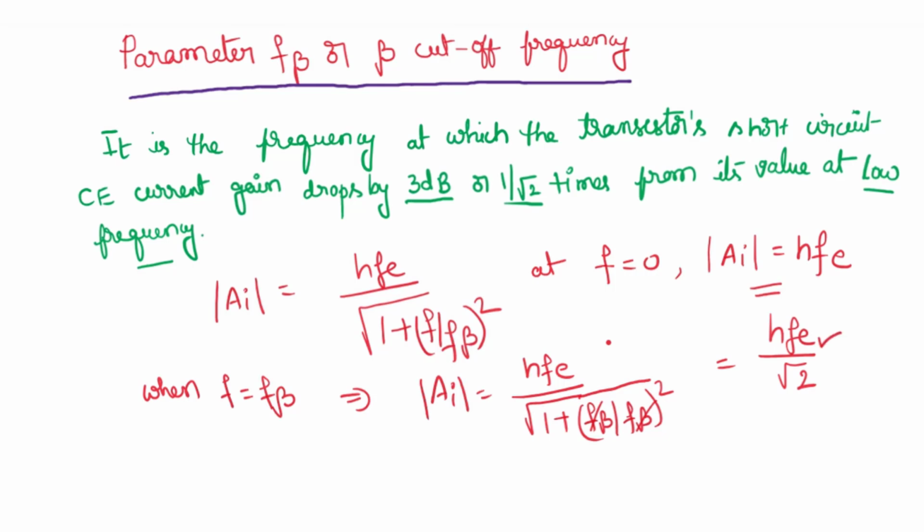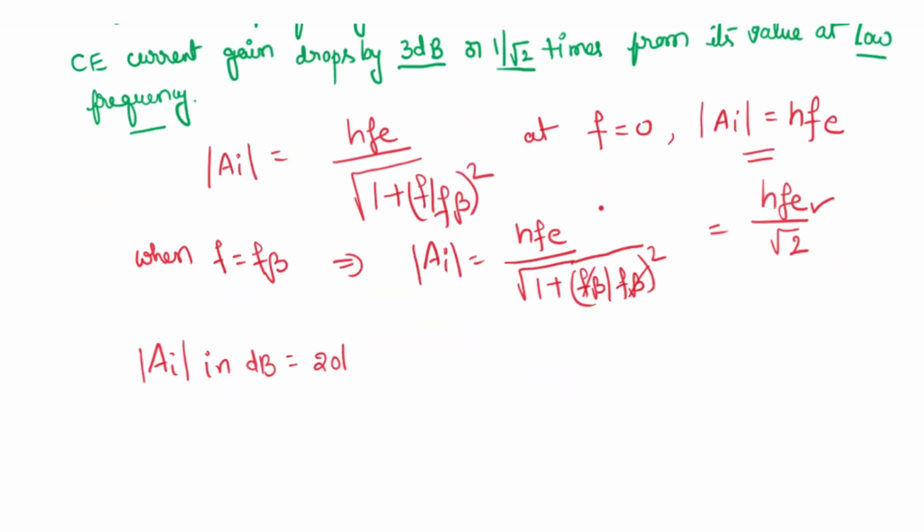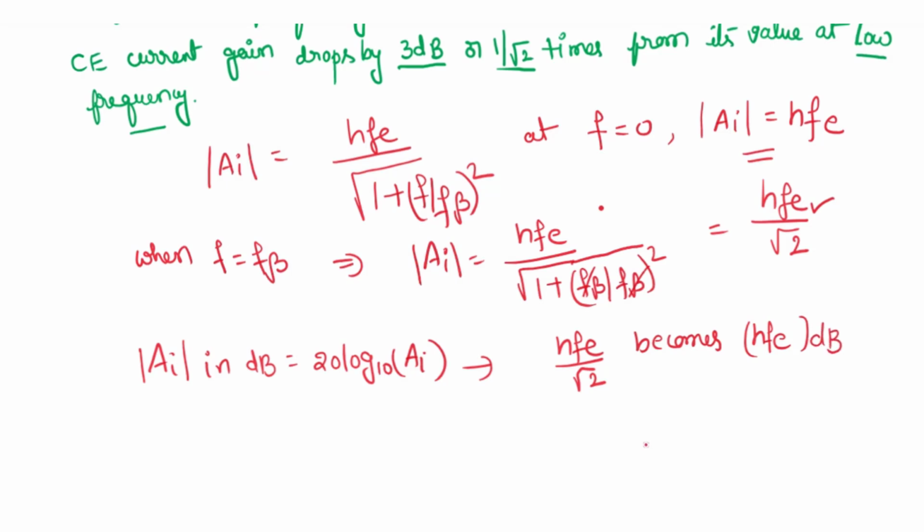So the current gain drops to 1 by root 2 times its value at low frequency. Suppose if you convert this Ai in dB, you have to take 20 log base 10 Ai. If you take this, hfe by root 2 becomes 20 log base 10 hfe minus 3 dB.